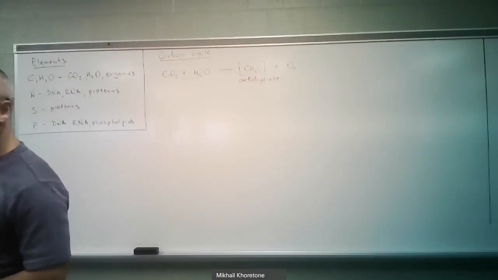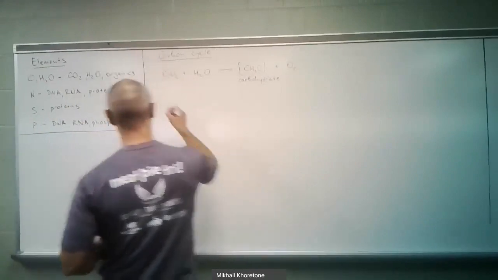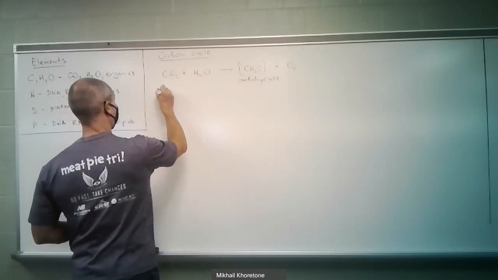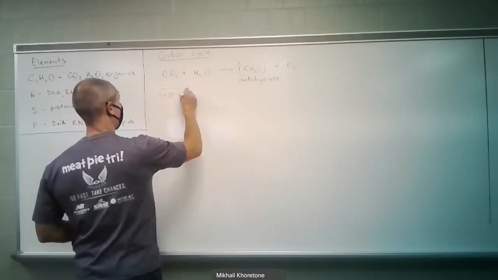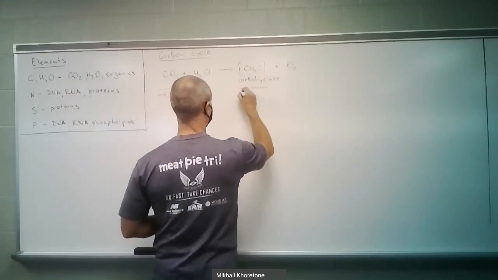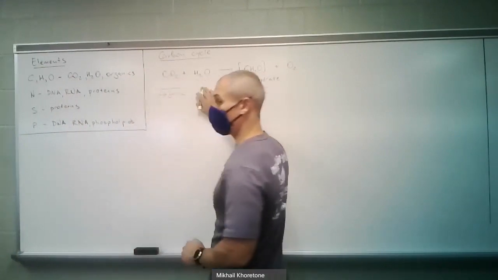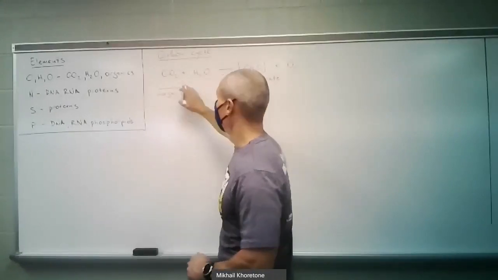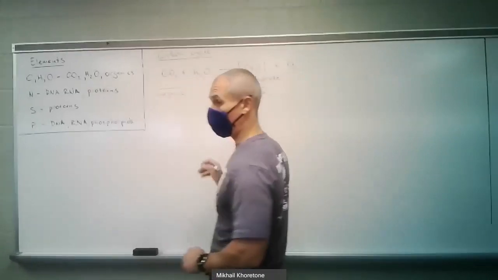Okay. Good. Now, what I want to highlight is that this specific part here is inorganic. This specific part here is organic. So in the process of photosynthesis, inorganic carbon is turned into its organic form.